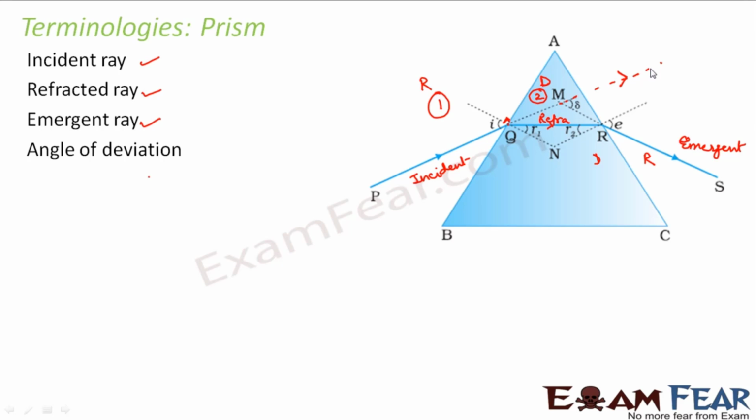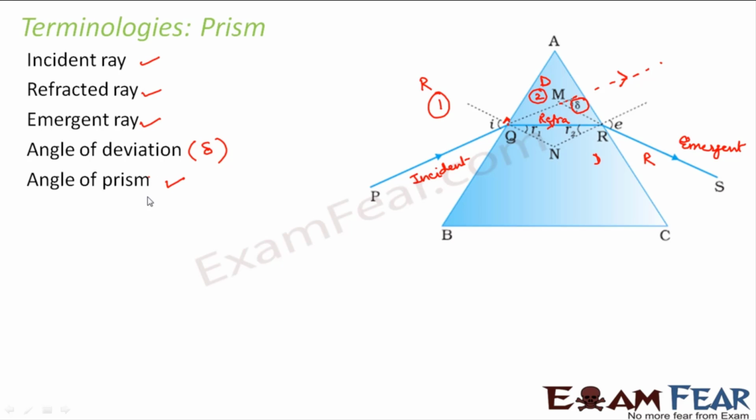So instead of this direction, the ray got deviated to this direction because of the presence of this prism. The angle formed by this emergent ray with the incident ray is known as the angle of deviation, and it is generally denoted by delta.